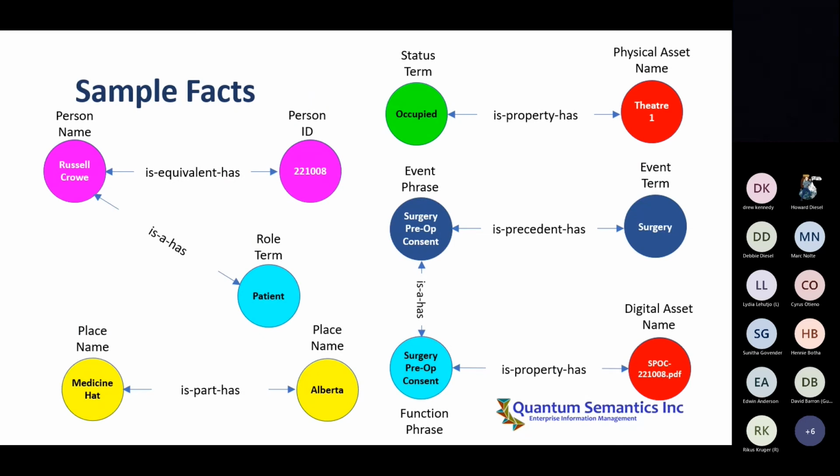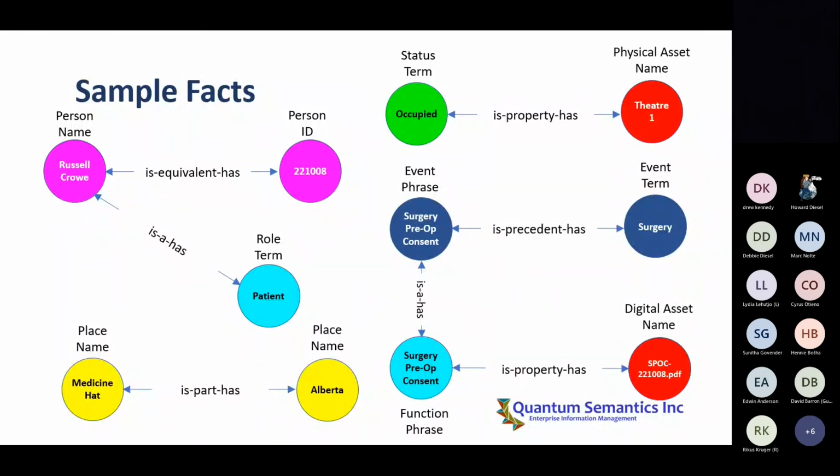Here's some sample facets or facts and how they're connected. So Russell Crowe, his person name is attached to an equivalent ID. He has a role of a patient. These are a little bit different edges. They're meant to be read in both directions.